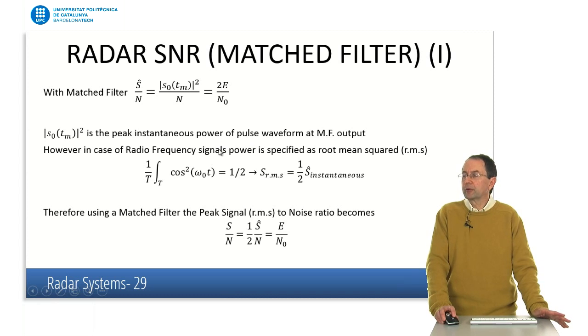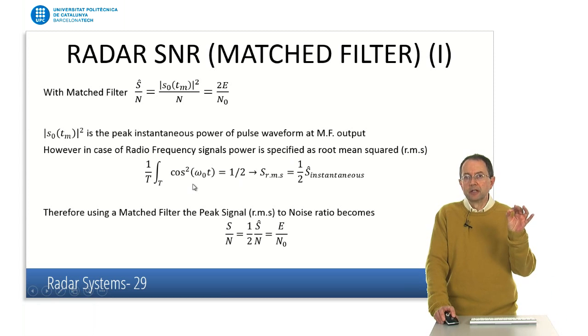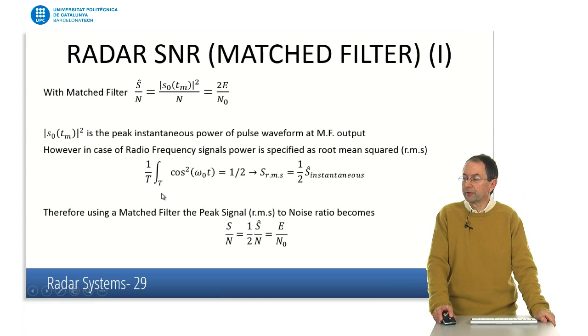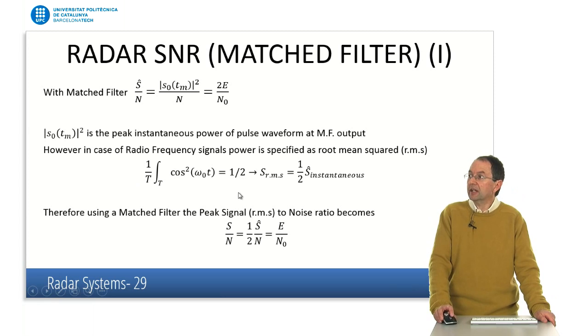Power in radio frequency, like any alternating current signal, is normally specified in terms of effective power, or root mean square power. This means the power is not computed at the maximum voltage squared, but is averaged over one cycle of the radio frequency carrier. So in this case, the RMS power is just 1/2 the instantaneous power.